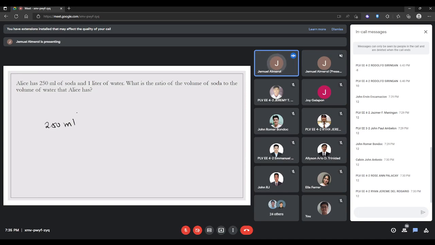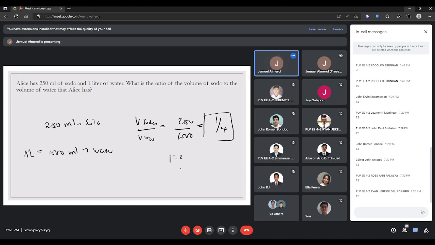So, very easy, no? One liter is 1,000 ml. This is the water. So, the volume of the soda over the volume of the water is your ratio. So, 250 over 1,000, that will obviously give us 1 over 4, or 1 is to 4. Okay?